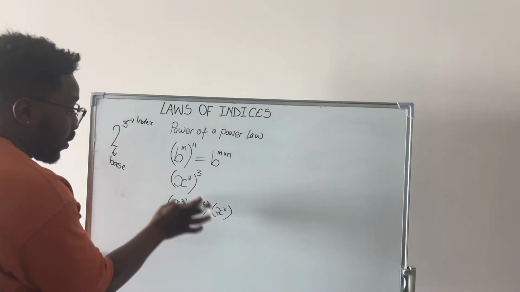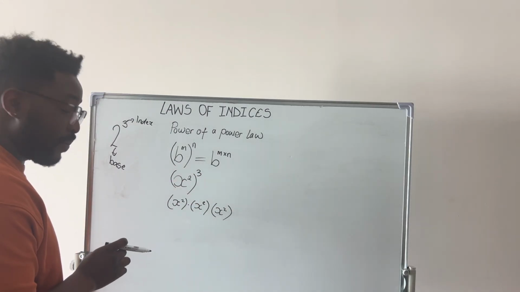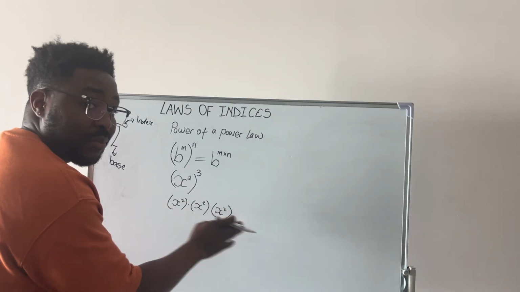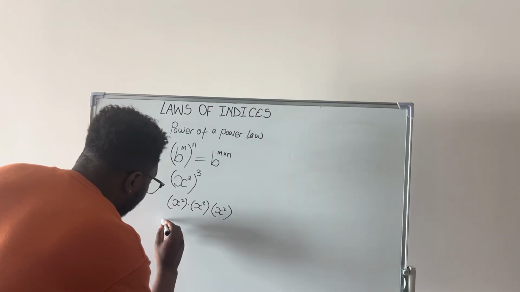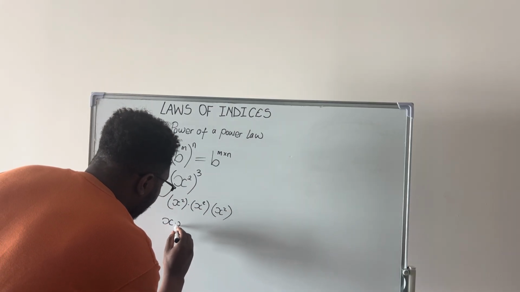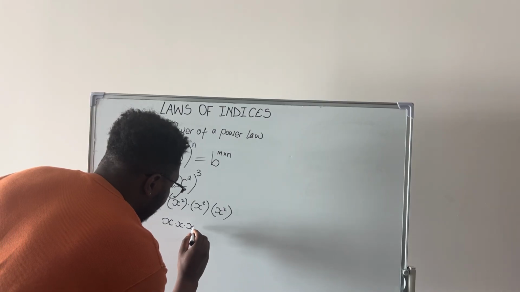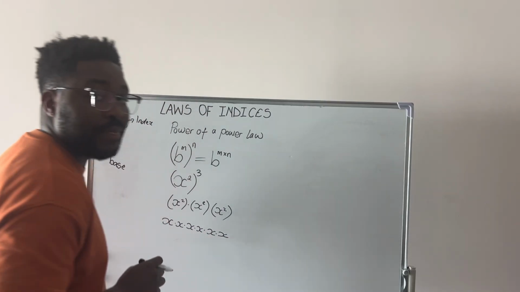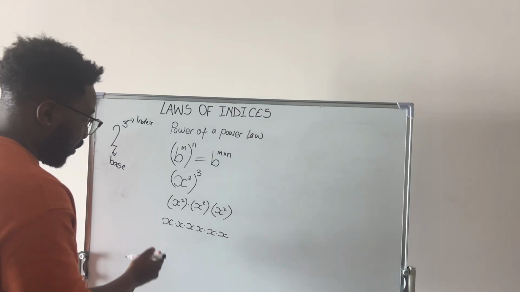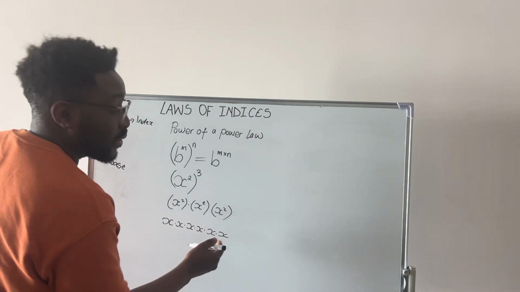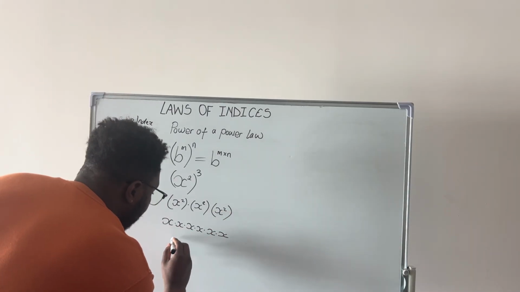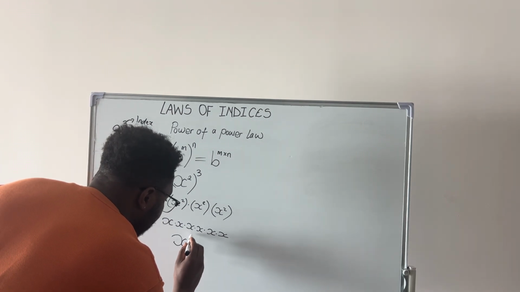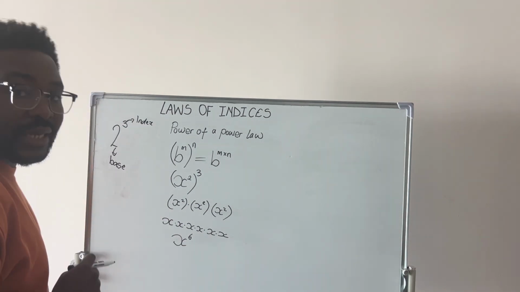This is what it simply means. Now let's expand them. We have x, my second term, another x, and my third term, another x. Now let's count them: 1, 2, 3, 4, 5, 6. That leaves us with x raised to the power 6.